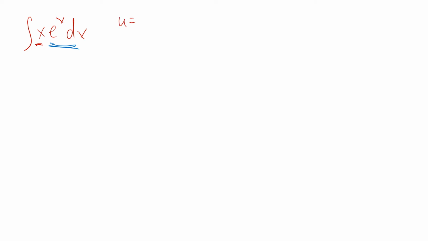So u equals x, dv equals e to the x dx, which means du will just be dx, and v, the antiderivative of e to the x, is just e to the x.